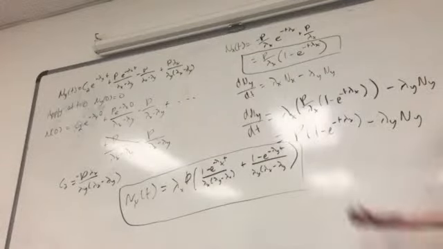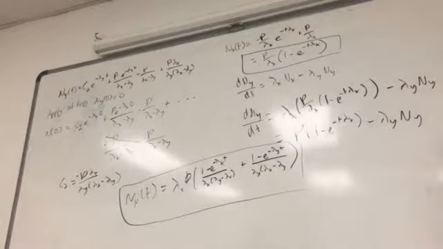Cool. And so now that you have your expression for y, you can solve for the time-dependent population of y. What's important to note is that this is the time-dependent population of y while x is being produced. So this equation isn't valid if you're not producing x.